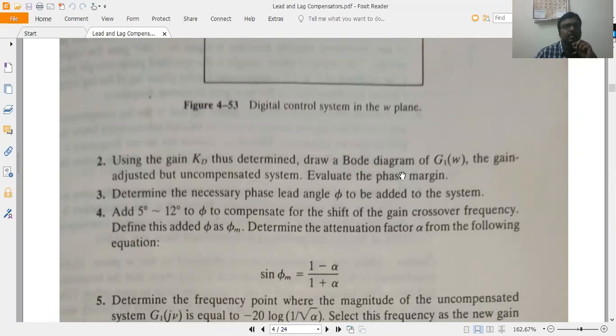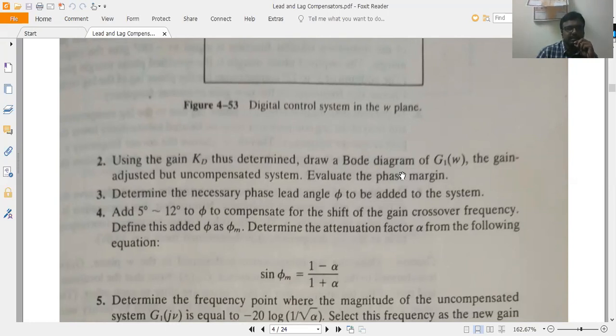That means using the value of the gain KD, we have to draw the Bode plot diagram for G1 of W, that is KD into G of W is called G1 of W, and we have to evaluate the phase margin.